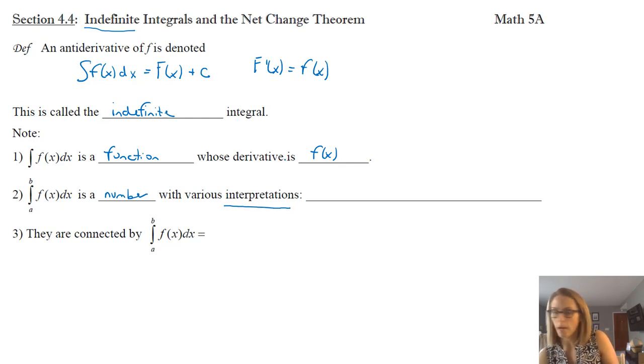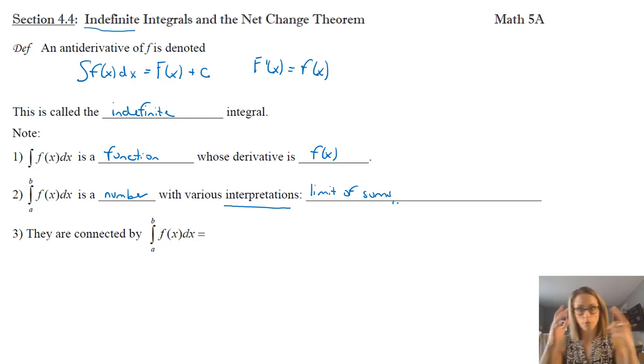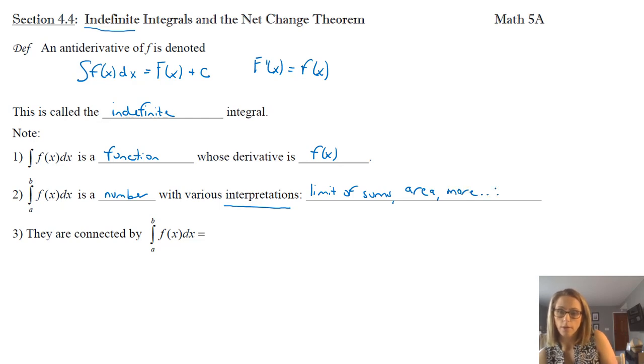We've talked about how in the beginning this would be the limit of sums of rectangles, that if you added up an infinite number of rectangles underneath a curve, you would get that same number, which leads into the idea of area. And there are actually more values. We did talk a little bit about total distance in one of the earlier sections.